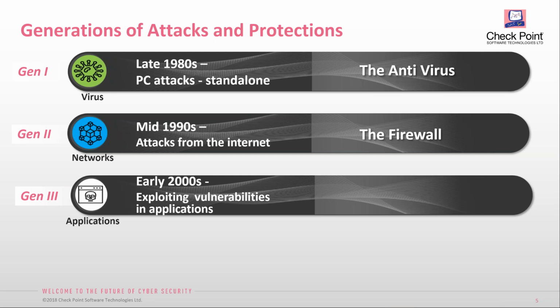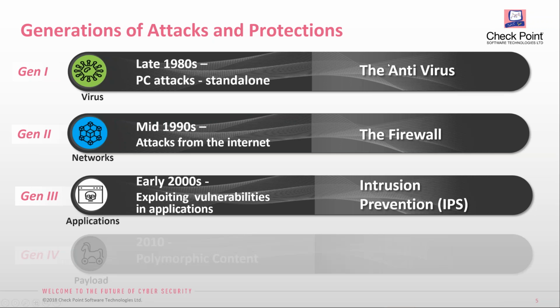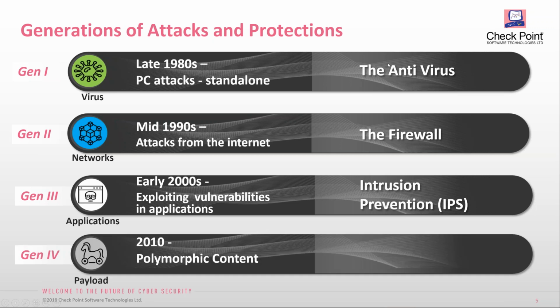CVEs that can be triggered over network traffic, and that's where IPS, intrusion prevention systems, and IDS come into play. And last but not least is the payload, polymorphic content that we're handling with Check Point SandBlast, our industry-leading sandboxing technology, as well as anti-bot, where we mitigate command and control requests, DNS requests, or any attempt to retrieve information from a C2 server by a bot, which is essentially just another term for a Trojan horse.